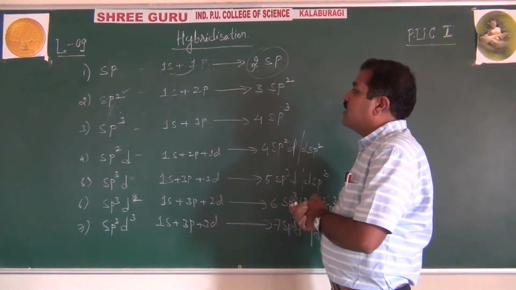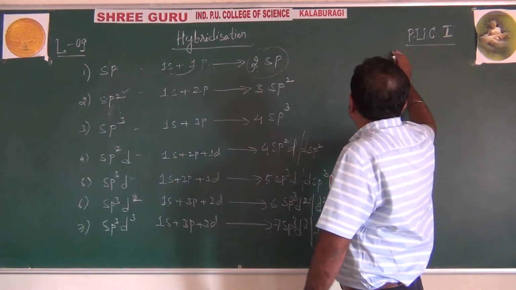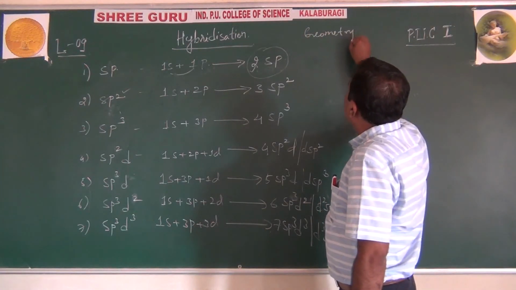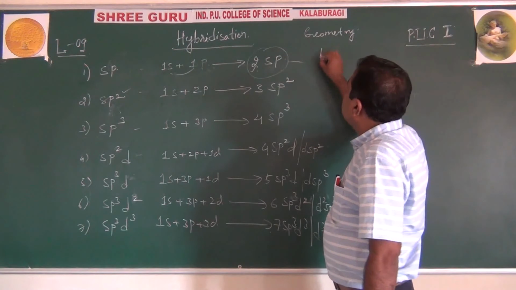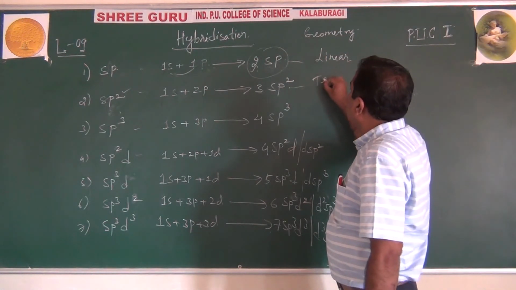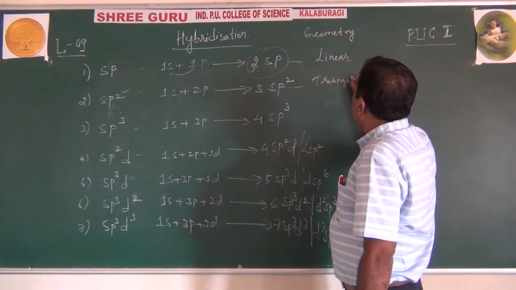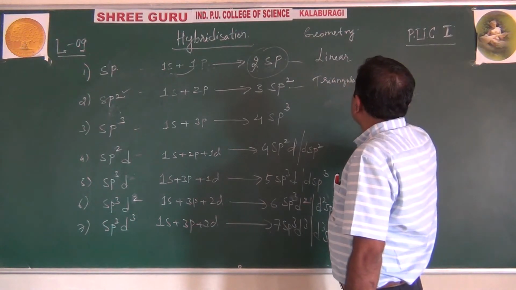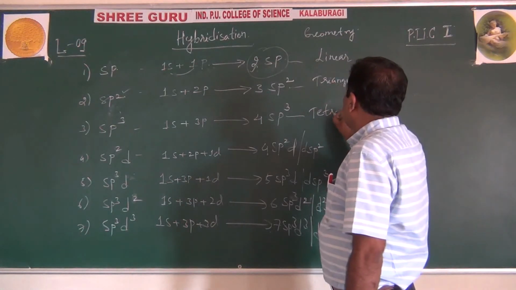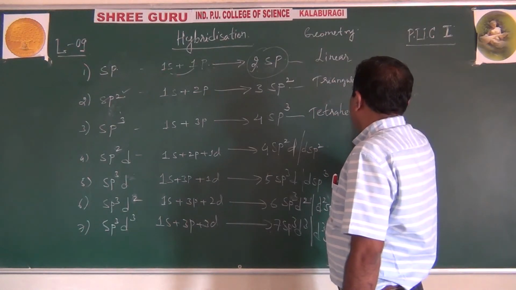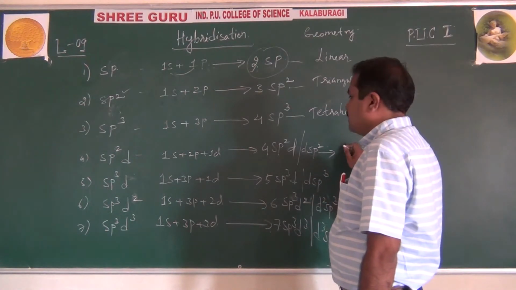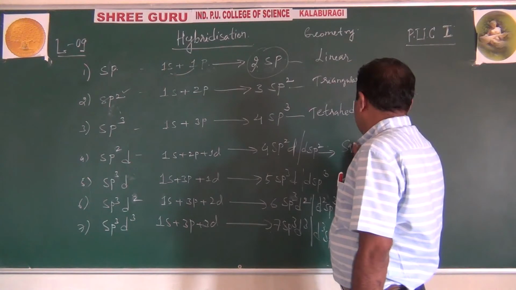Now, sp hybridization has fixed geometry. Remember, for sp it is linear, for sp2 triangular planar, for sp3 tetrahedral, and for sp2 or dsp2 generally it is square planar.